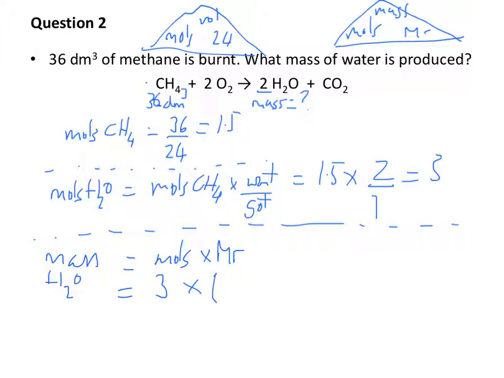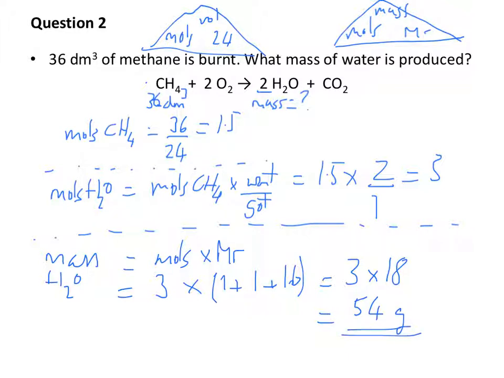So we've got 2 hydrogens, so 1 plus 1, and oxygen, find that on the periodic table, that weighs 16. Yeah, see, I can't write my 6's. So it'll be 3 times 18, and that comes to, just working that out in my head, 54 grams.